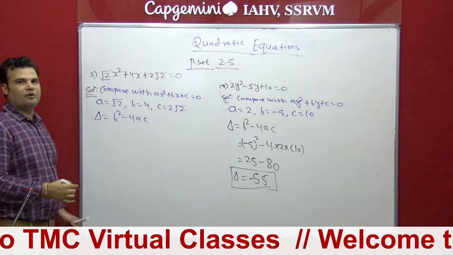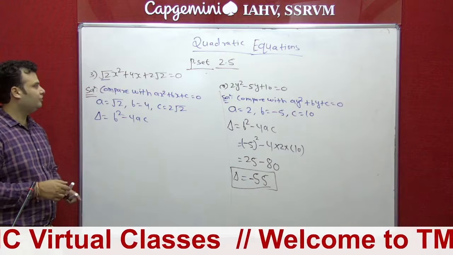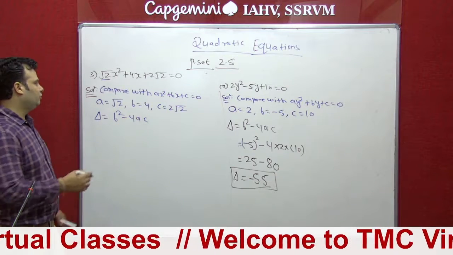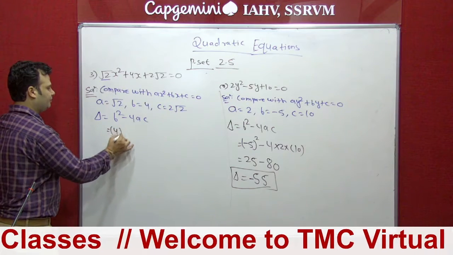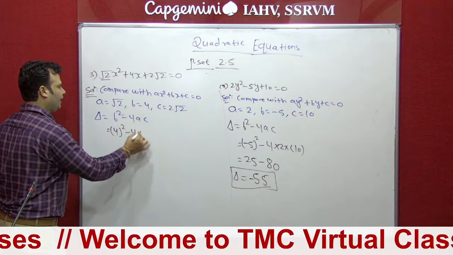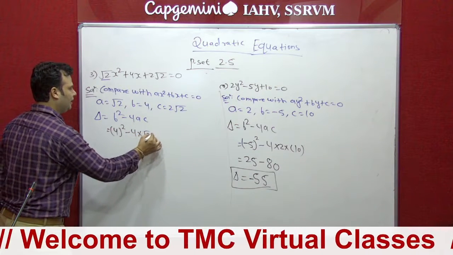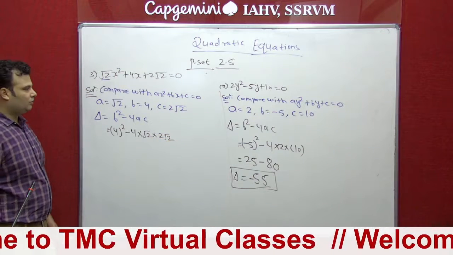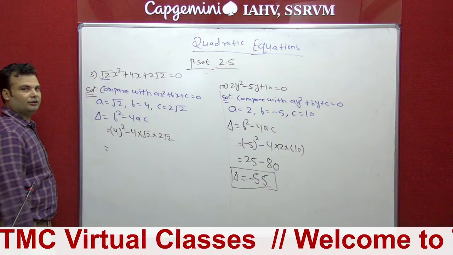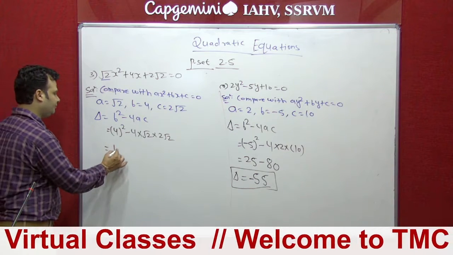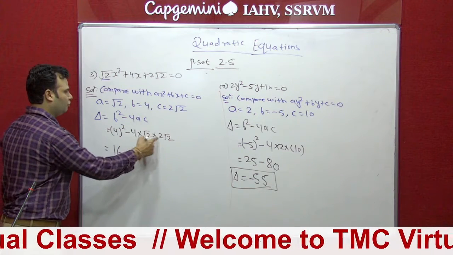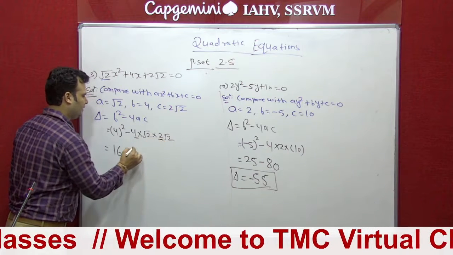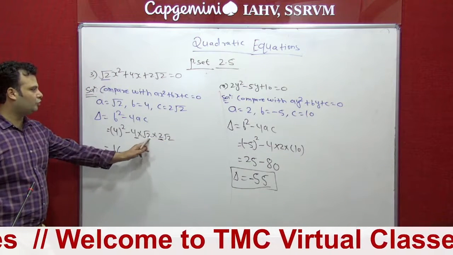You have to find b square minus 4ac. So b is given here 4. So 4 square minus 4a. A is given root 2 and c is given 2 root 2. Very simple one. So 4 square, 4 into 4 is 16 minus 4 2 ja 8 and root 2 into root 2.